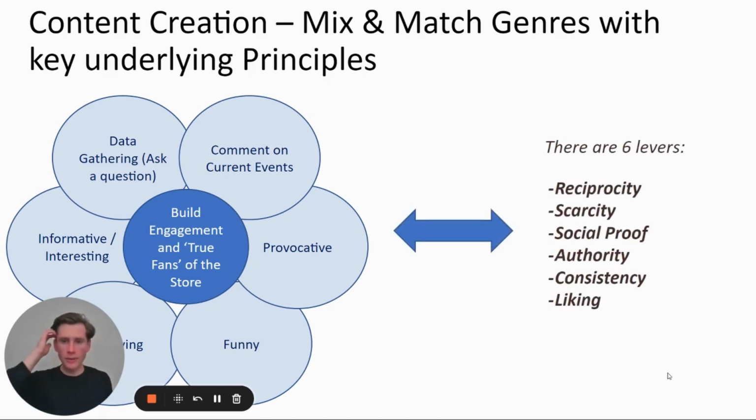Now, in that content presentation, I go into quite a bit of detail. I then talk about 6 levers from a book called Influence by Robert Cialdini. It's a pretty famous book, and here I'm going to be very short: you can combine those genres and topics that you want to create content about with levers such as reciprocity, scarcity, social proof, authority, consistency, and liking.